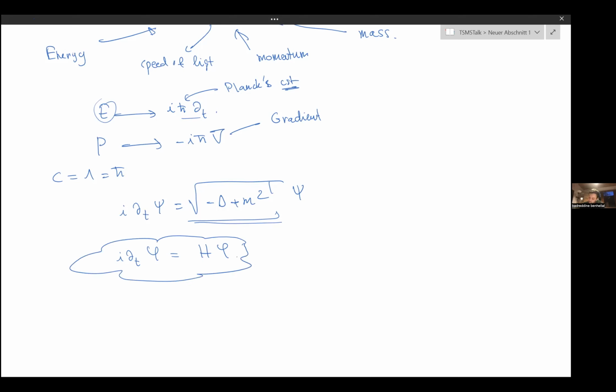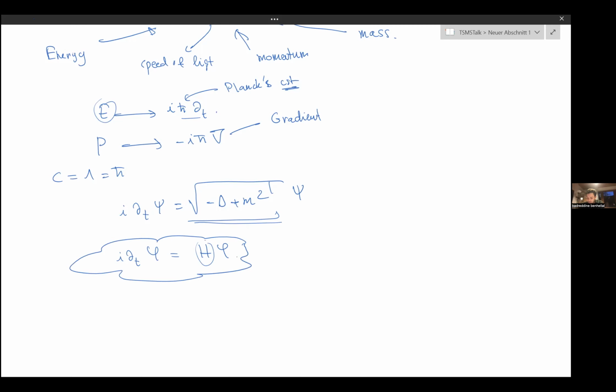The equation in quantum mechanics is written like this, at least in the linearized setting. Here H would be a linear and local operator.